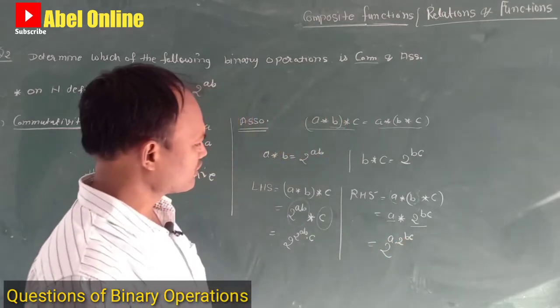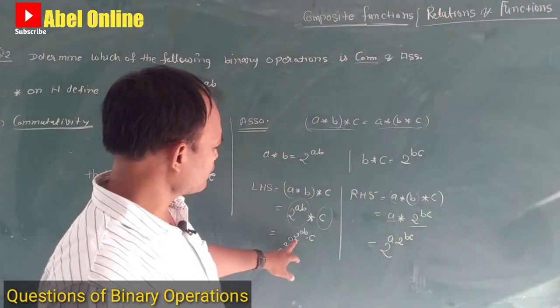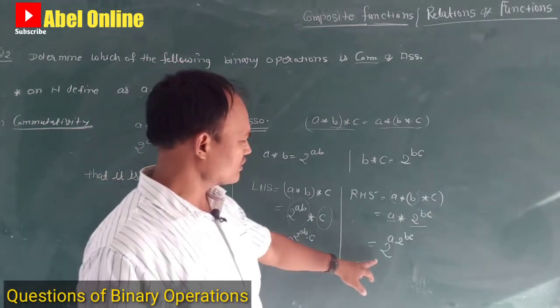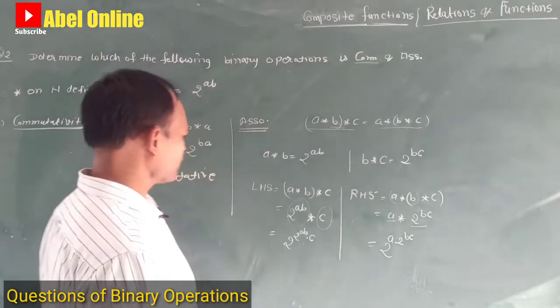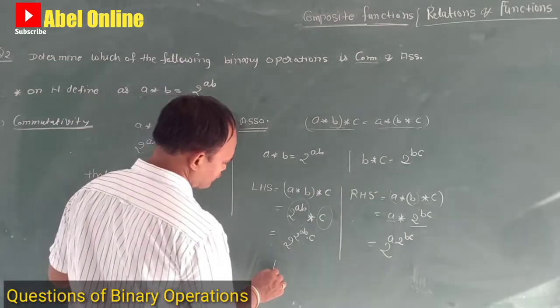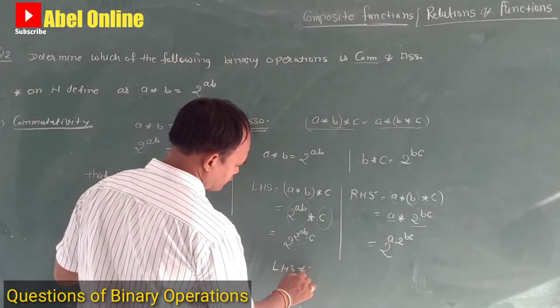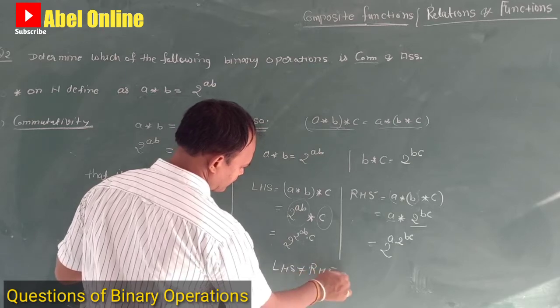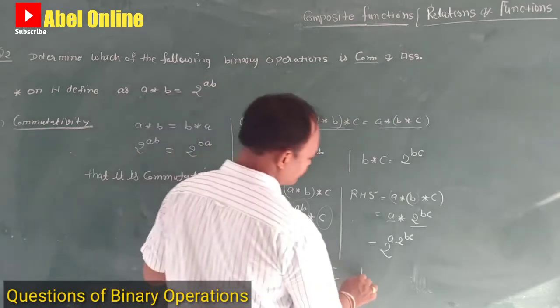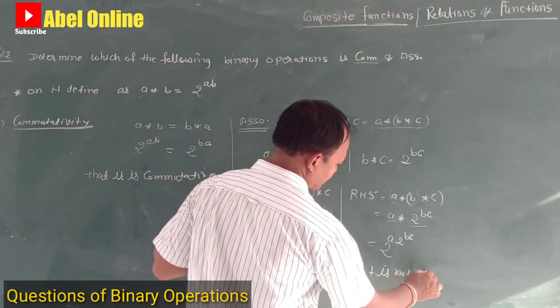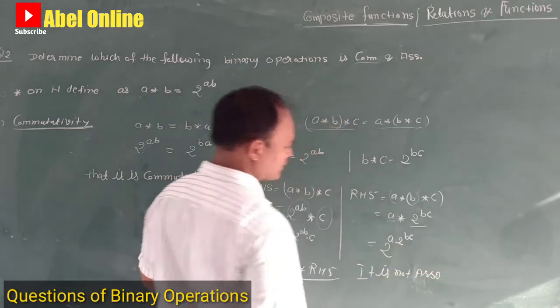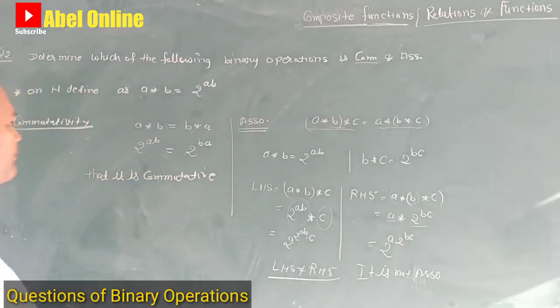Guys, you can look here: here is e to the power e^(ab) multiplied by c, and here e to the power a times e^(bc). Are both equal? No. So LHS is not equal to RHS. So it is not associative, students.